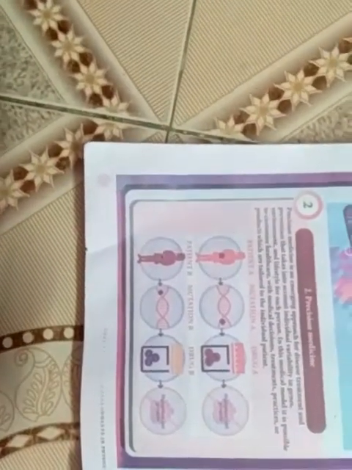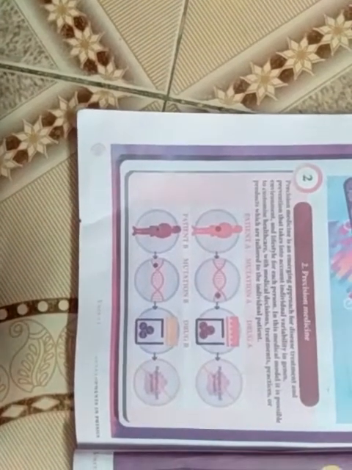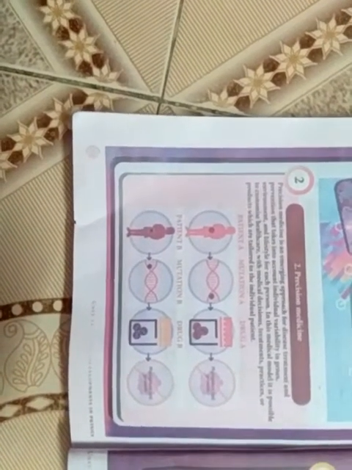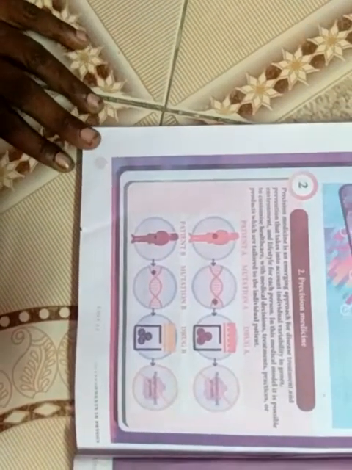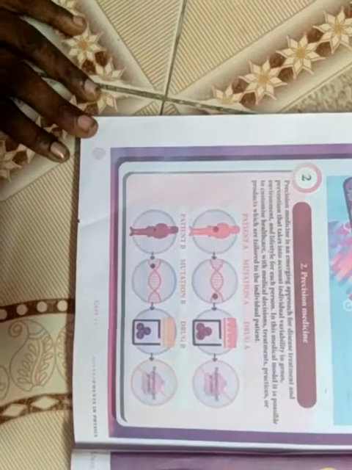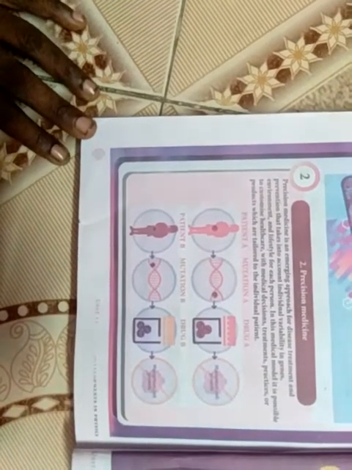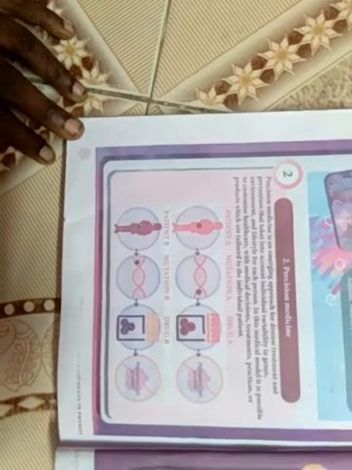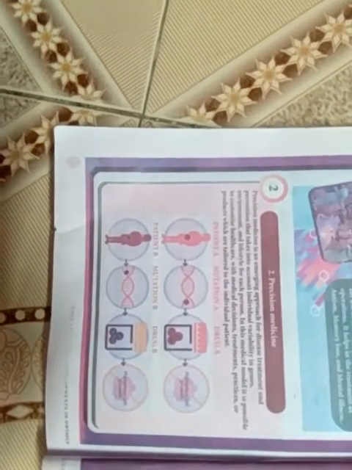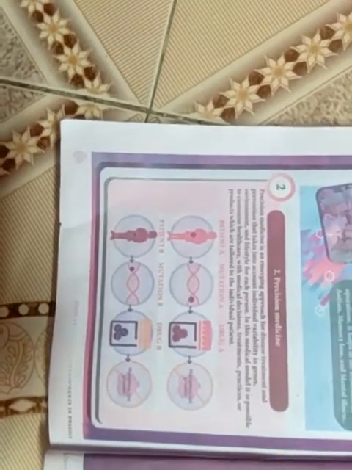So precision medicine. Precision medicine is an emerging approach to disease treatment and prevention that takes into account individual variability in genes, environment and lifestyle for each person.